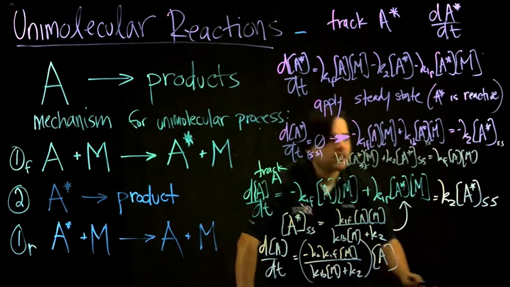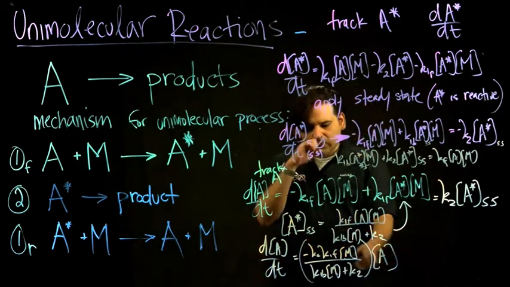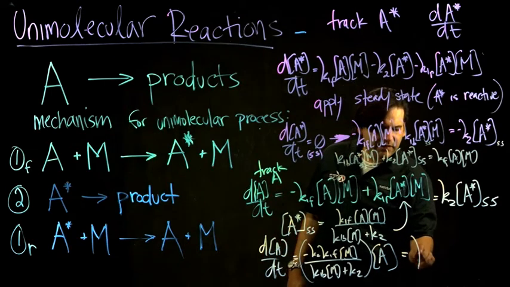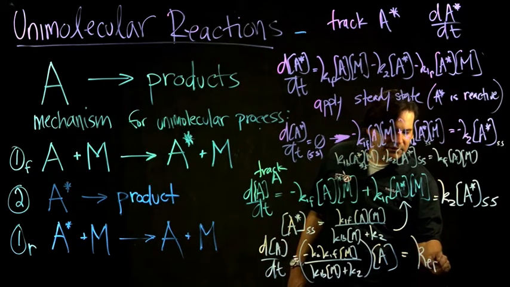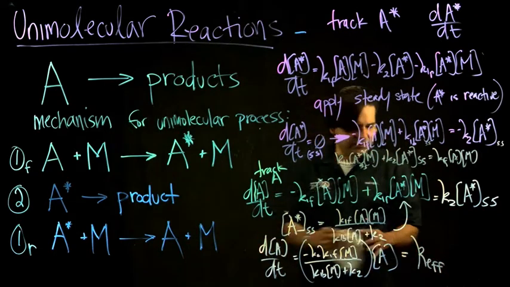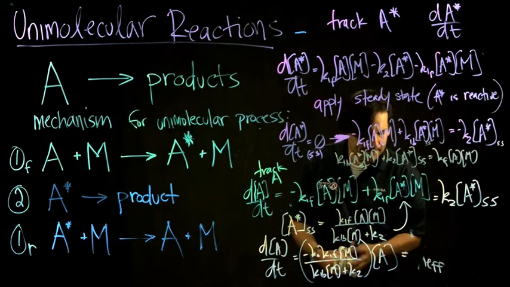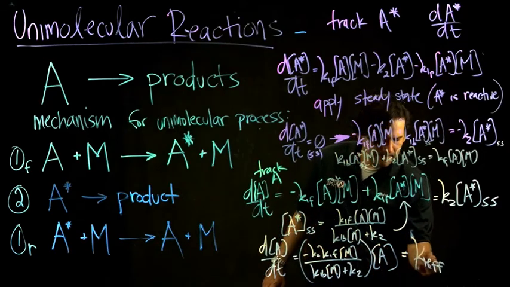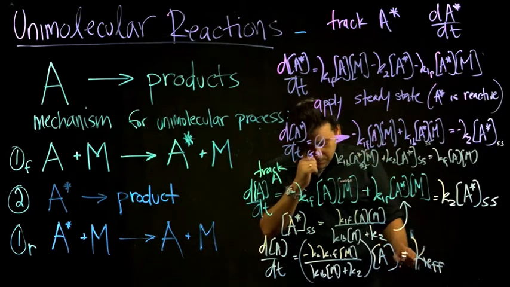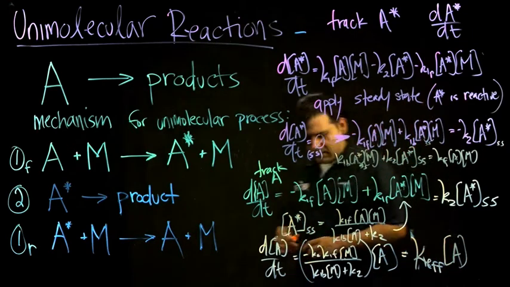So if we say that this rate of consumption or production is some big effective rate constant, k effective, okay.